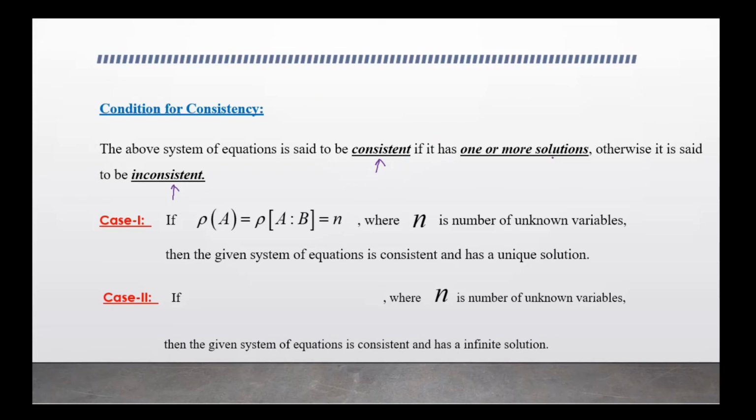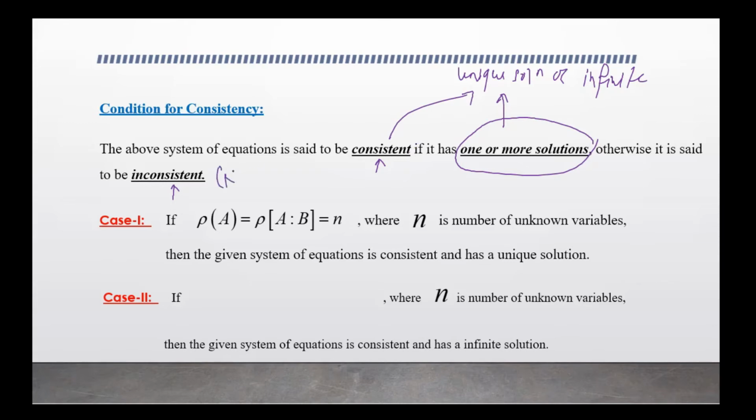If the system has a solution, which may be a unique solution or an infinite number of solutions, more than one meaning infinite, if the system has any type of solution, then the system is said to be consistent, and if the system doesn't have a solution, then the system is said to be inconsistent.